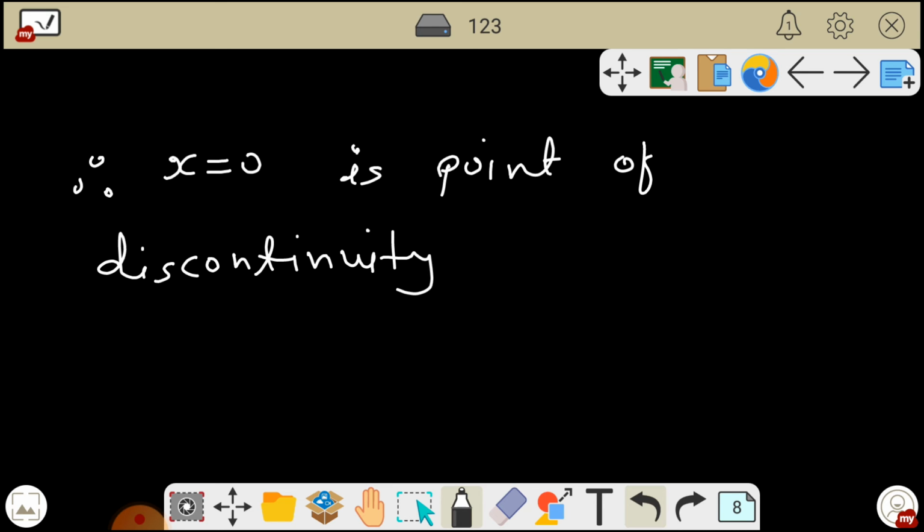Because at x equals 0, our function is not continuous. So this is question number 8. And now let us move to question number 9.